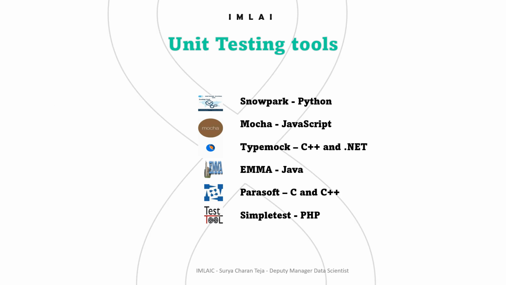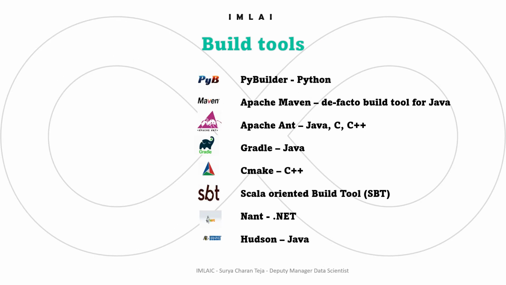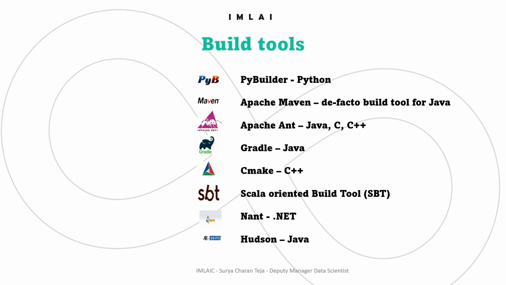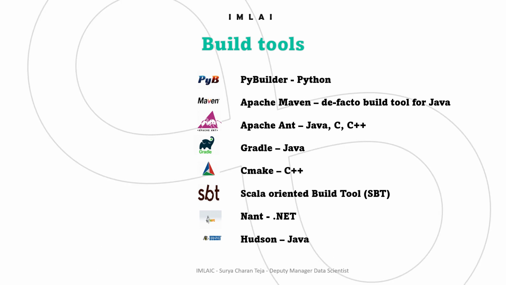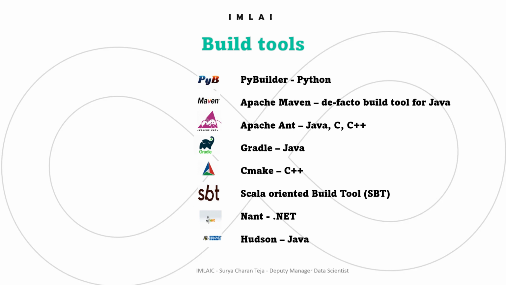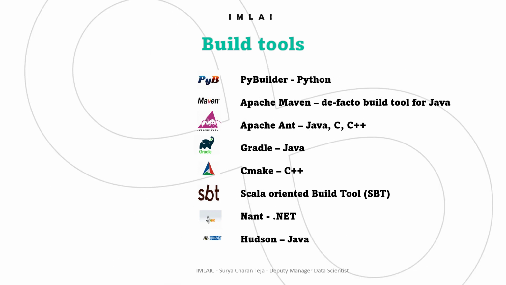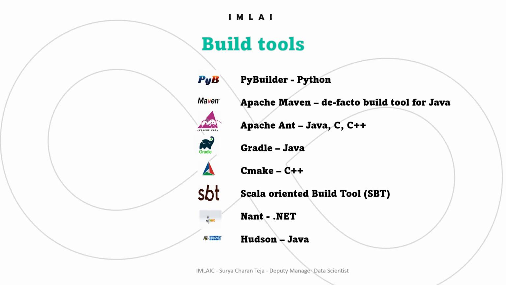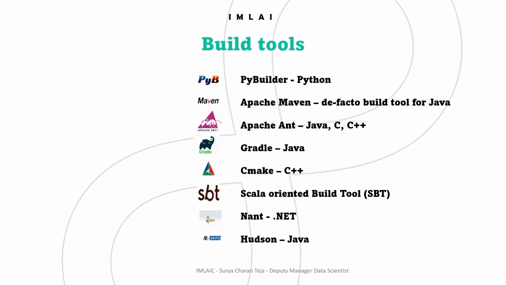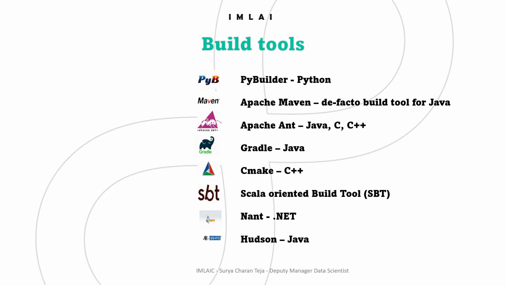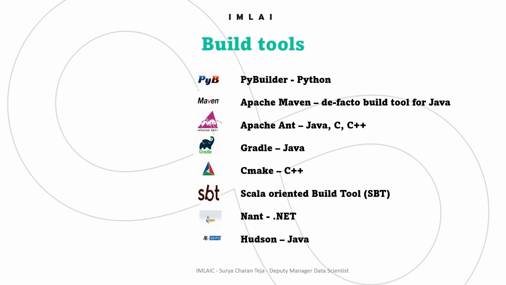So then we will move on to the build tools. So the code is developed, then pushed into the GitHub repository, then it's been tested, unit testing is being done. Then what is left is building the artifact. Let's take Java as an example, because ours is a health issues app, which is written based on JavaScript and Node.js, React.js, and MySQL database and other tools.